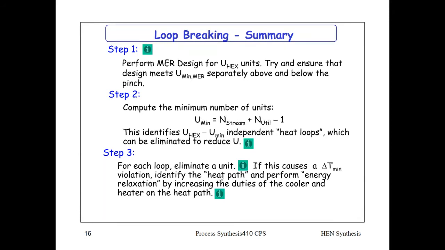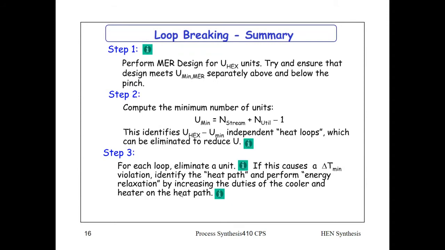So you identify the heat path and perform energy relaxation. The heat path is one that goes through by increasing the duties of the cooler and the heater on the heat path. So you choose a heat path that goes through both a hot utility and a cold utility, and then you can increase the delta T min.